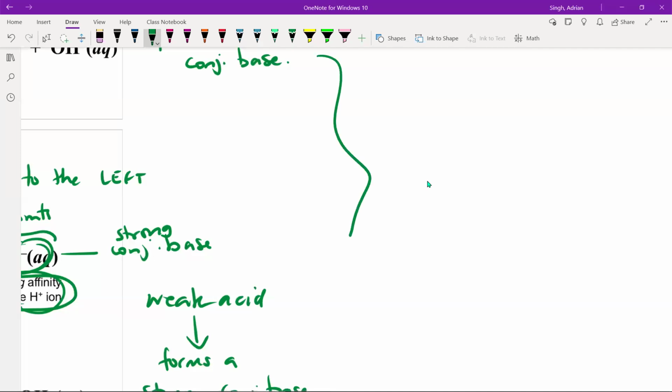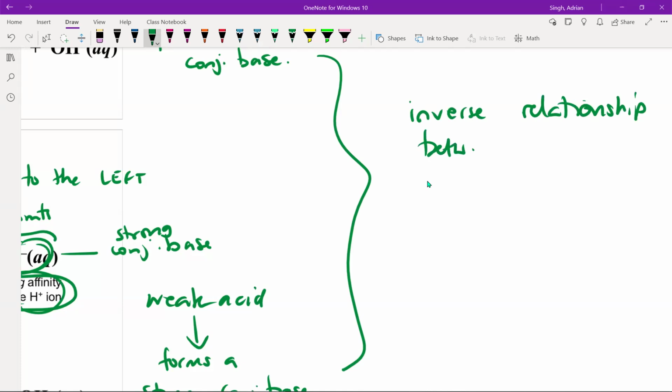And again, we're using these two examples as generalizations. There's an inverse relationship between an acid, we can say, or base, because the same trend applies, and its conjugate.